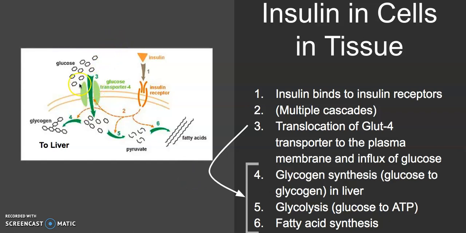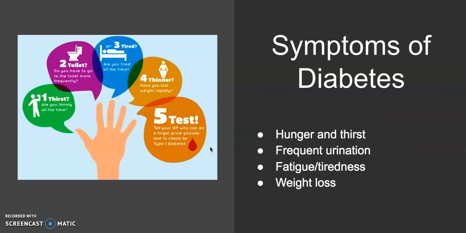There's glycolysis, so it's taking glucose and turning it into ATP, which is the cellular currency that we've talked about, and finally fatty acid synthesis. So this means that people who have diabetes may lose weight really quickly, and we'll talk about that as a symptom in a little while.